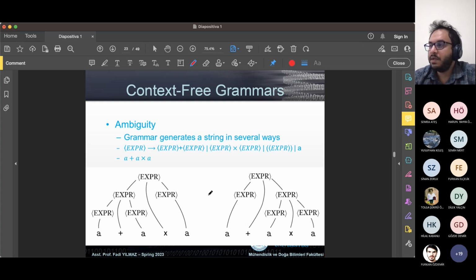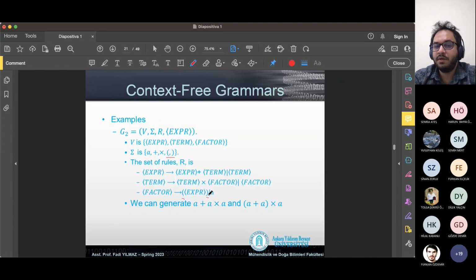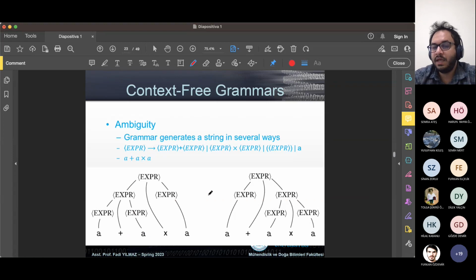Okay, so there's something called ambiguity, which basically means some strings can be produced with different parse trees. Here you can see the example. By using the grammar that we had previously, you can get A plus A times A in two different ways. So this is called ambiguity.